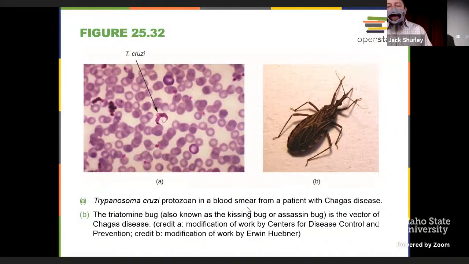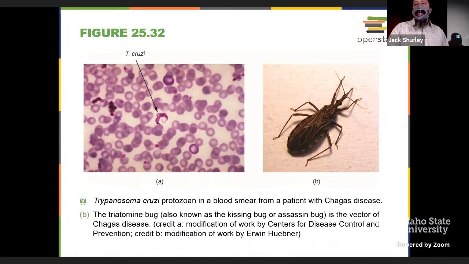The kissing bug is named the kissing bug because of its practice. This bug is nocturnal, so you don't typically see these guys in your house in the day, all right? They're hiding away, they're sleeping, all right? But at night, they are active.